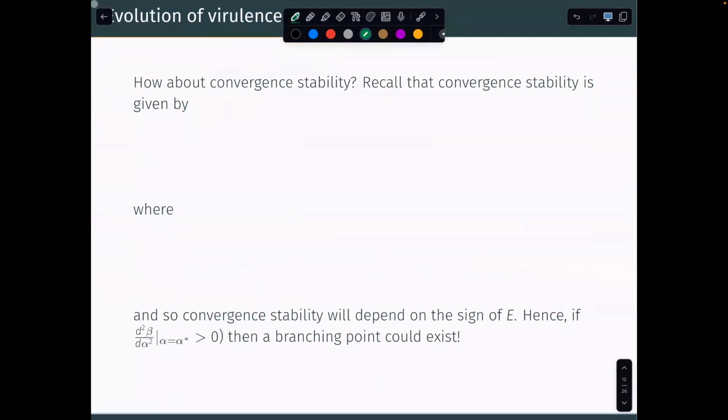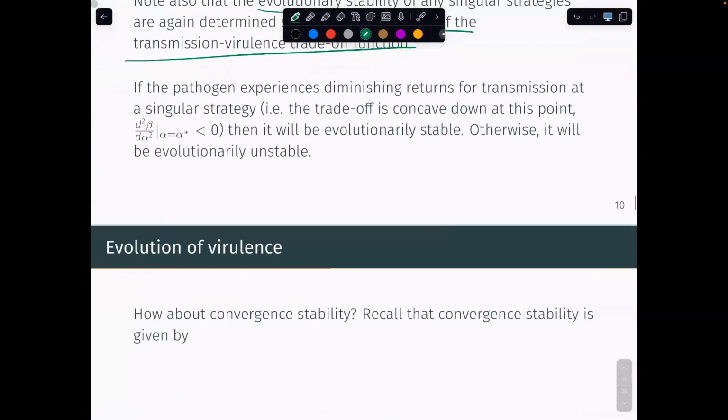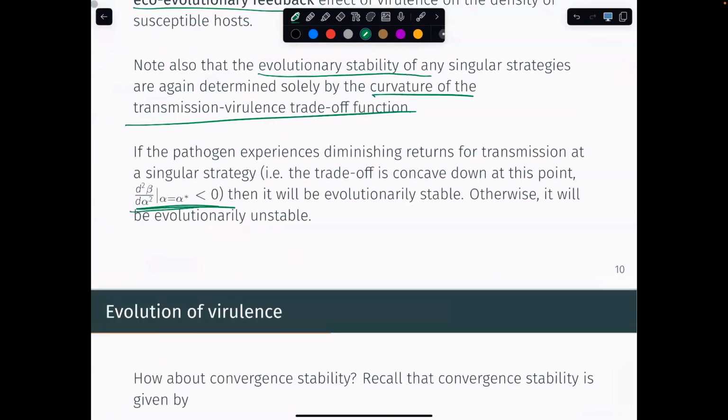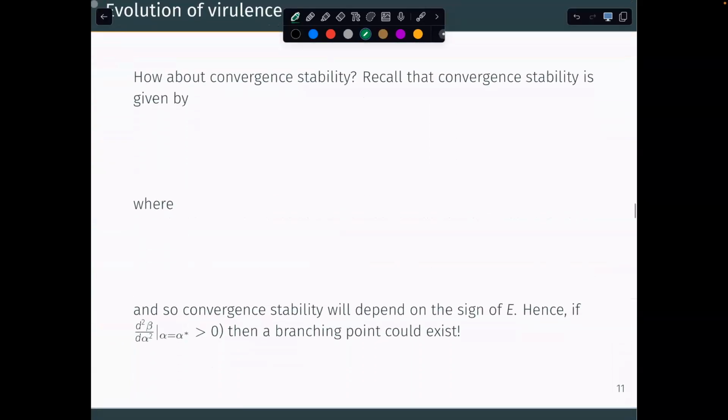How about convergent stability? Well, actually, just one more thing. Just like before, if the curvature of this trade-off is negative at our singular strategy, then our singular strategy is going to be evolutionarily stable. Otherwise it will be evolutionarily unstable. How about convergent stability?